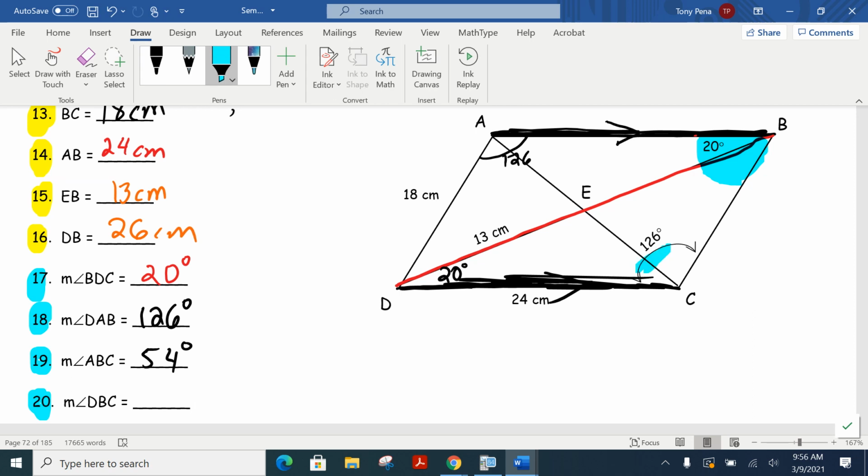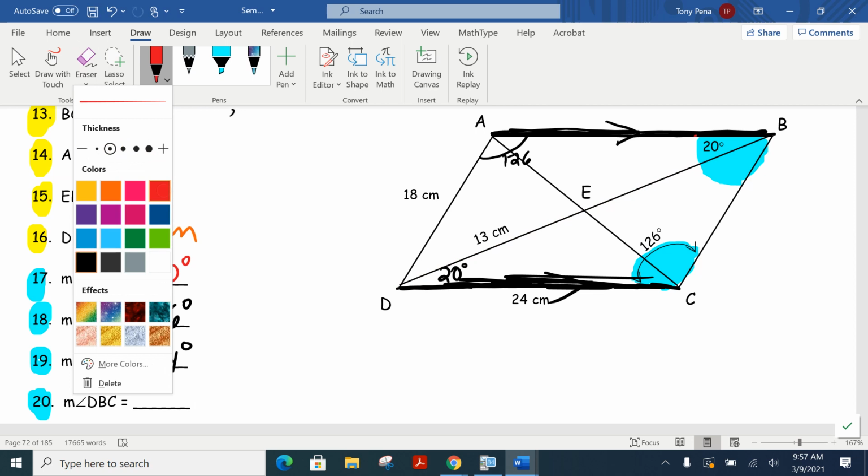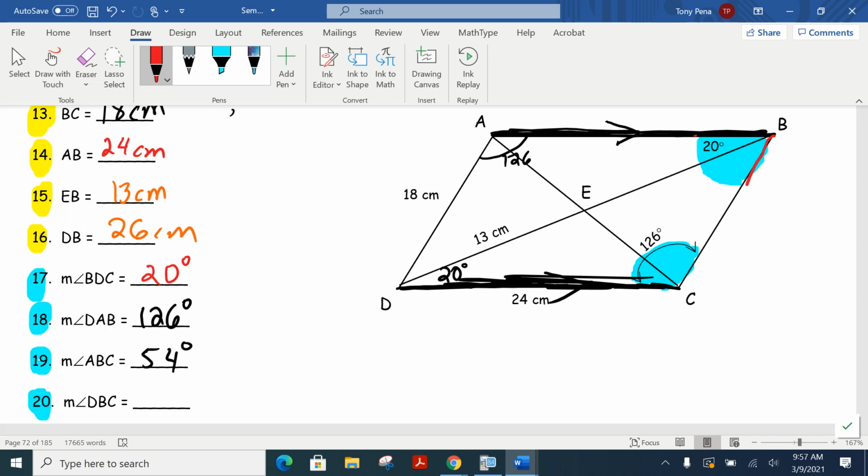Good. Oh, Ahmed's getting real deep here. All right, so I like this. So what Ahmed just said is he used the idea of same side interior angles. So notice our two parallel lines that I have still highlighted in black. Wouldn't this act as a transversal right here?